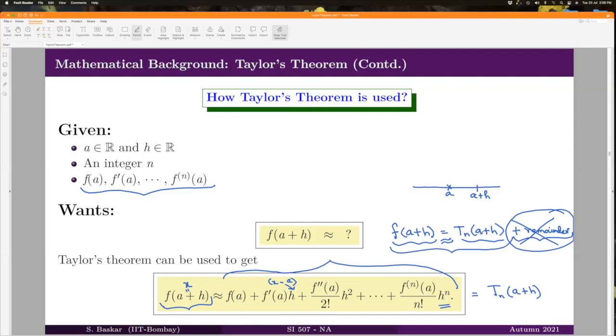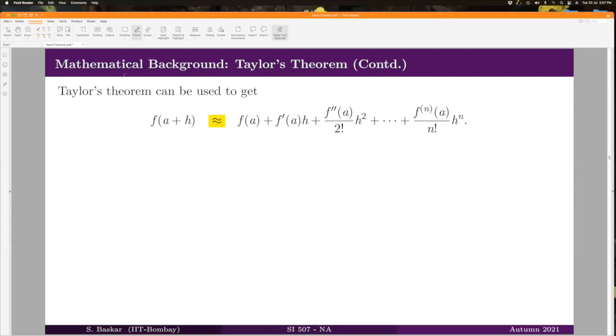That is why I put the same theorem in a little different form. That is, in the theorem we have defined it for f of x. Here we just defined it for f of a plus h. That is the only difference. There is nothing else. So as I told you, we will take our f of a plus h value as approximately equal to whatever your Taylor polynomial had given to you for a given h and a, right?